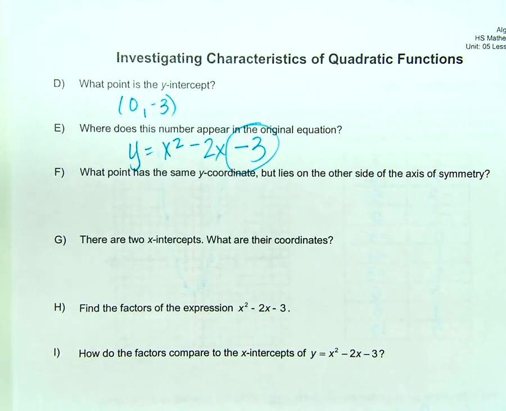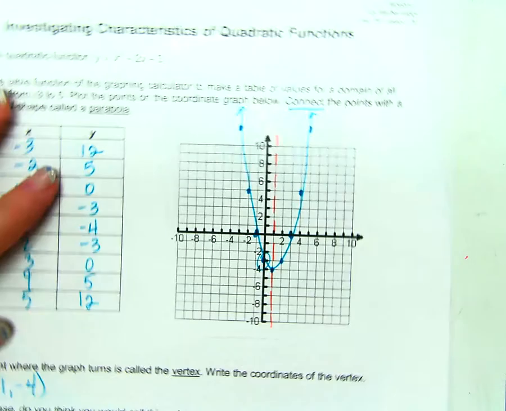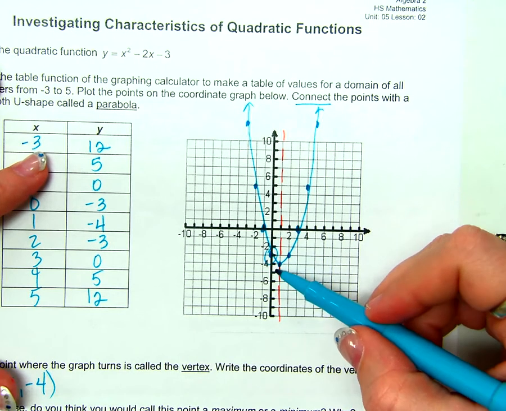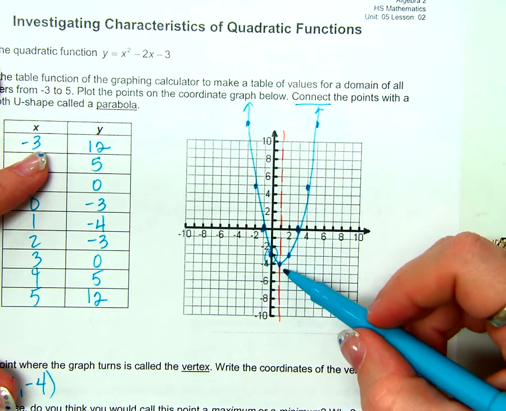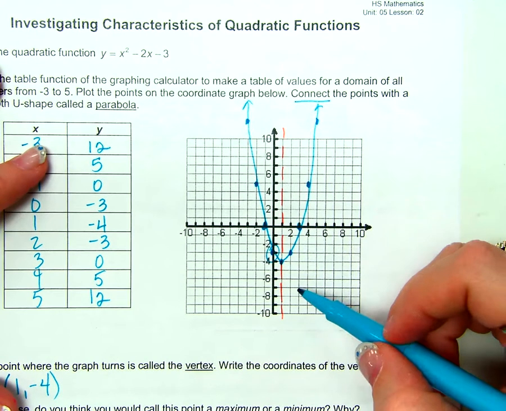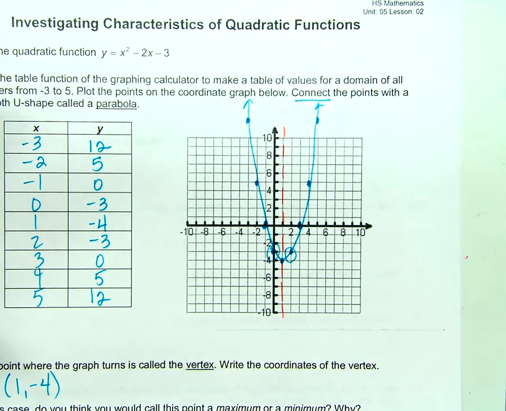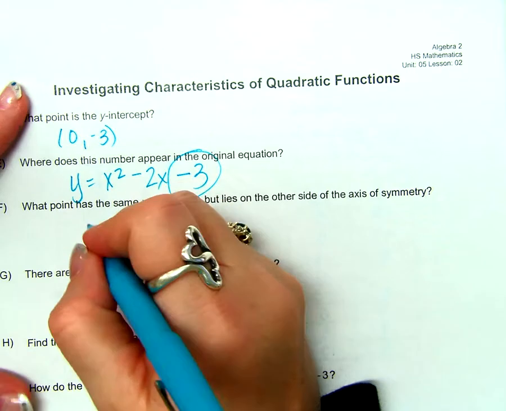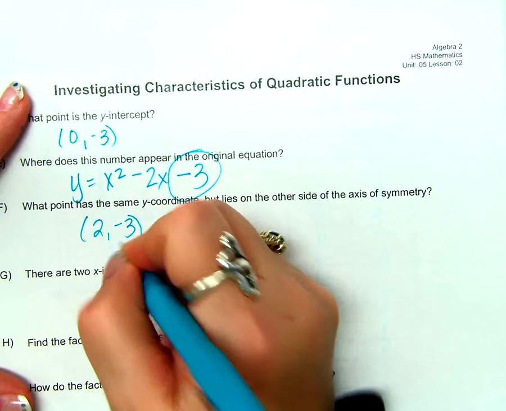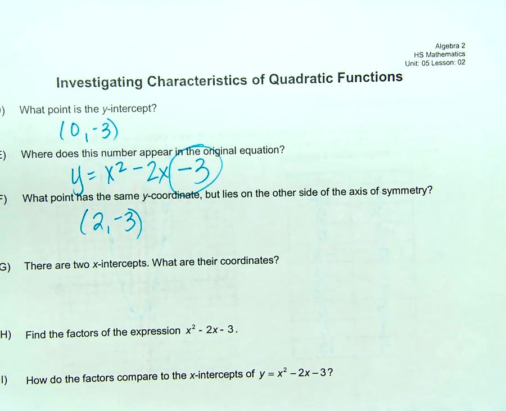What point has the same y coordinate but lies on the other side of the axis of symmetry? Yeah, 2, -3, right? Another name for that point is a point symmetric to the y-intercept.